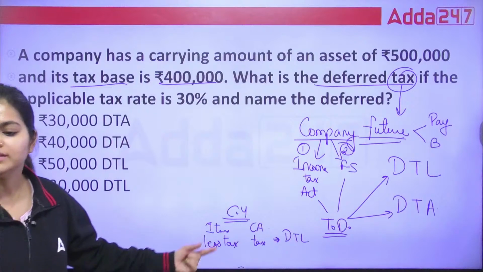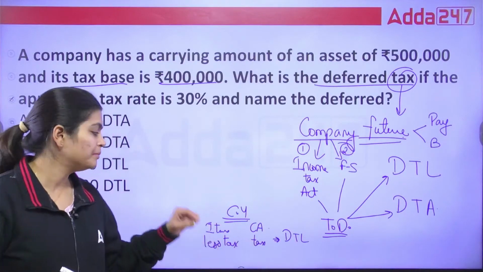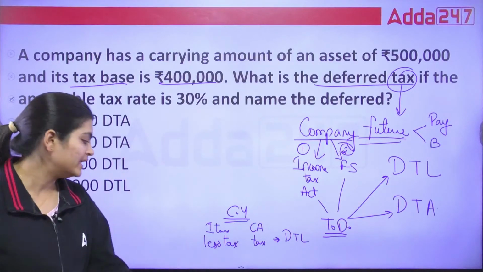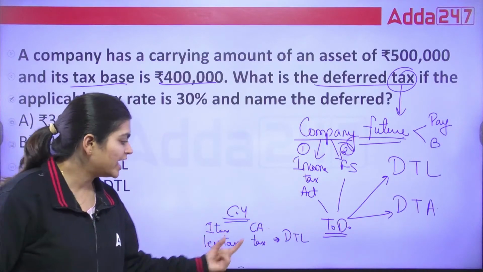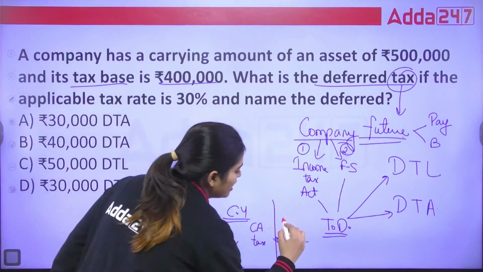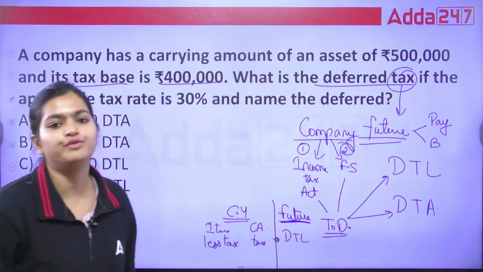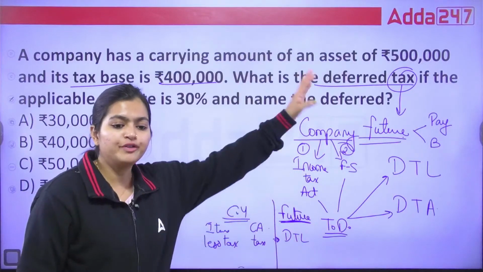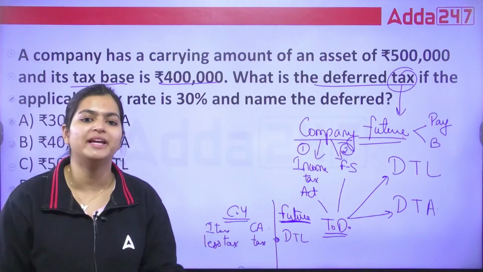Overall tax amount is greater under the Companies Act, but because of a few deductions and benefits, you are paying less tax at today's time. Because of this, in future you are going to see deferred tax liability, meaning you are going to pay more tax in future. That is your liability. Future tax liability we are going to see, because today we are enjoying the benefit.